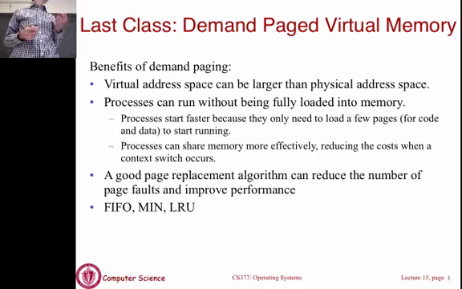So remember what we talked about last class with this idea of demand paging, where when you need a page of memory, if you don't already have it in memory, you go and fetch it from disk, read it in, and store it in memory.